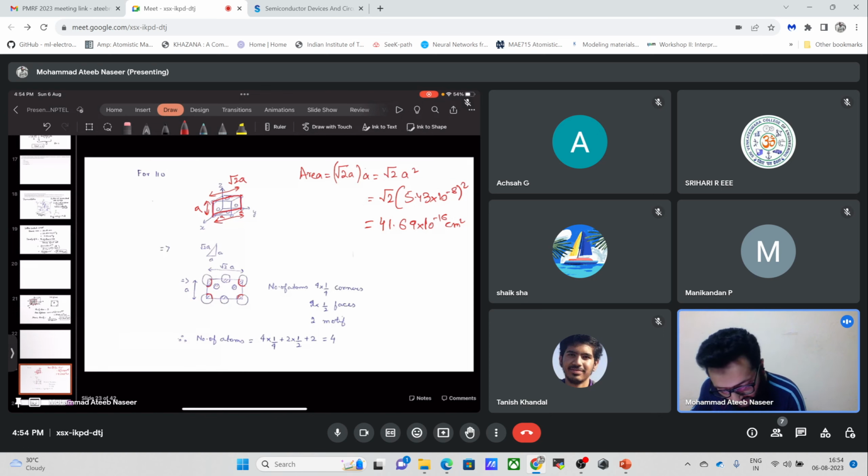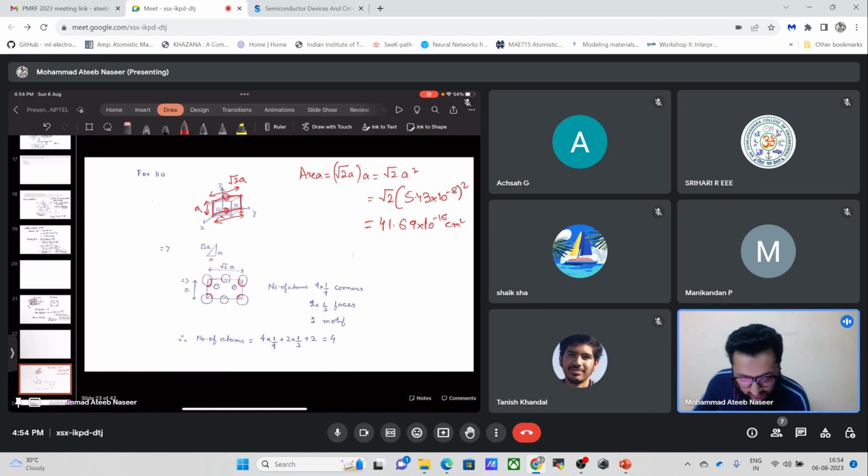Now these two faces, the bottom and upper face, would also have some atoms. You can check by yourself, it is currently 2 in number. So these two atoms lying on the faces would be shared between 2 of the rest of the unit cells.